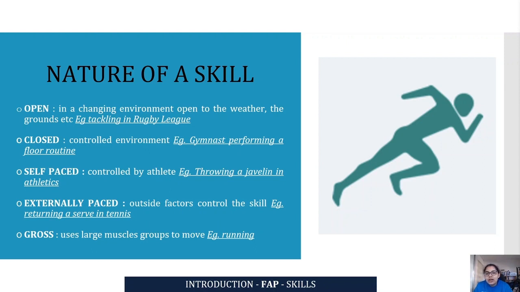Closed is when the skill is happening in a controlled environment, like a gymnast performing a floor routine. The environment is controlled. The conditions will always be similar. So there are no outside influences, no changing of weather, no changing of conditions as well. So it's closed.